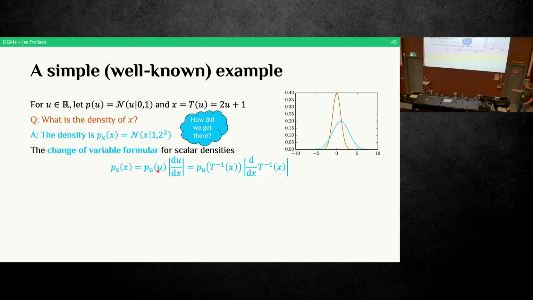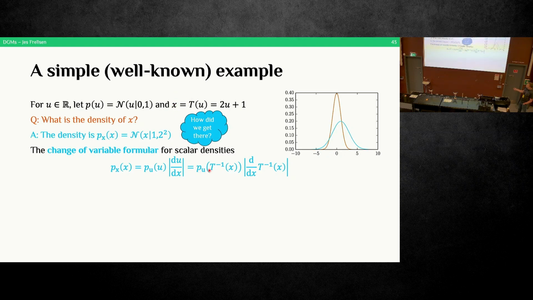And if I know the x and I want u, then I basically have to invert this one, so I can get u by applying the inverse transformation here.